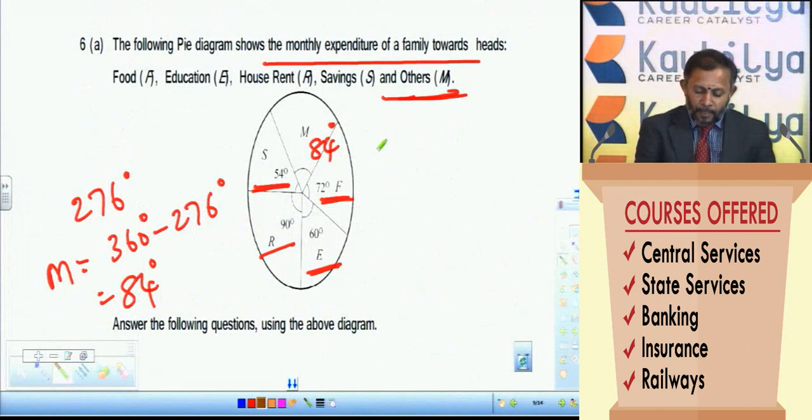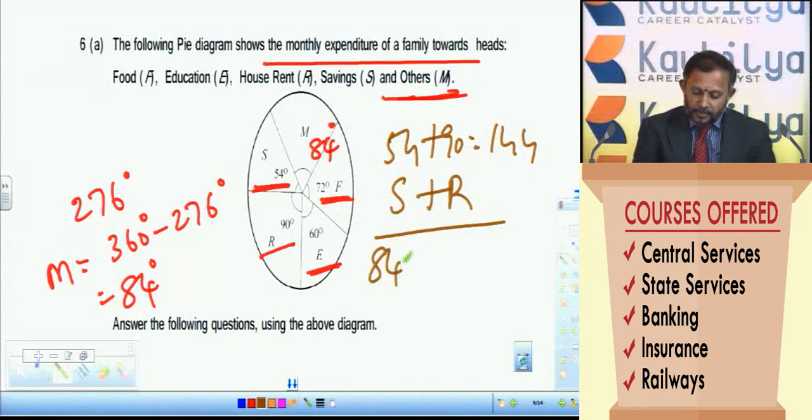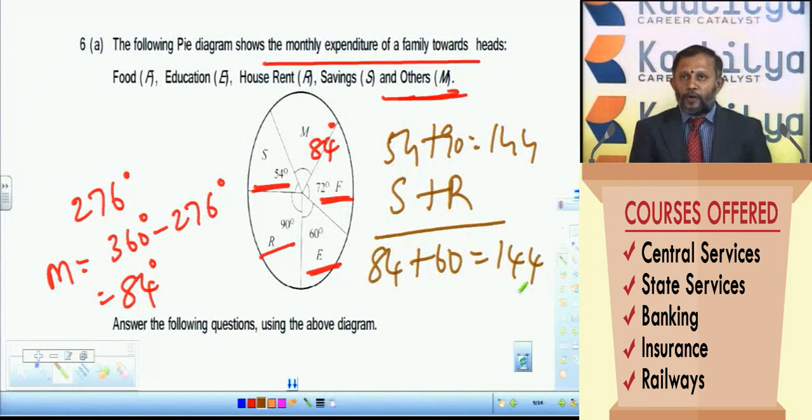Here 54 plus 90, that gives 144. 54 is for savings part and 90 for rent. The sum of these two is equal to 144. Next, one more combination: 84 degrees plus 60 is also equal to 144. So 84 degrees is meant for others, and 60 is for education.